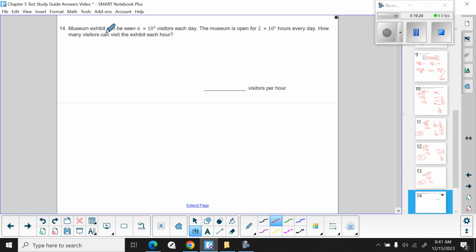Number 14. A museum exhibit can be seen, oh, I should have had the word by in there. Can be seen by 6 times 10 to the third visitors each day. The museum is open for 2 times 10 to the first hours each day. How many visitors can visit the museum each hour? Okay, well, we have 6 times 10 to the third, so that's 6 times 1,000, or 6,000 visitors a day.